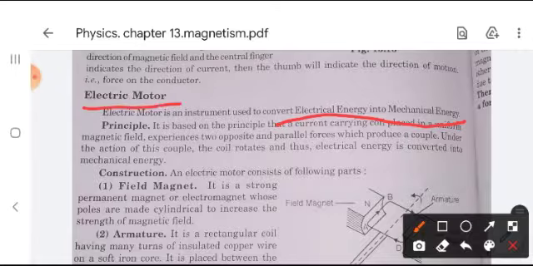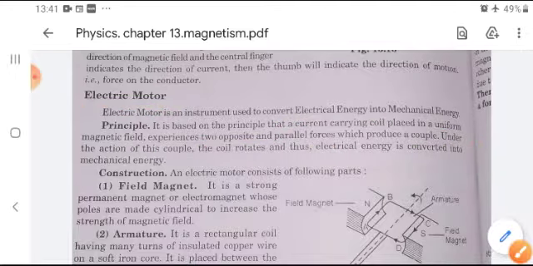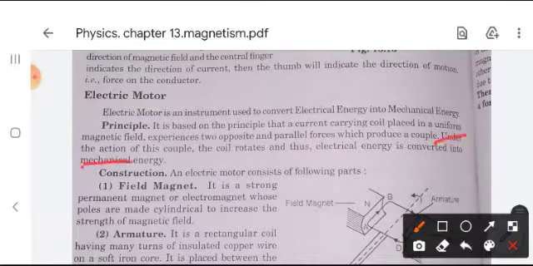The principle is that a current carrying coil placed in a uniform magnetic field experiences two opposite and parallel forces, which are called a couple. Under the action of this couple, the coil rotates and thus electrical energy is converted into mechanical energy.